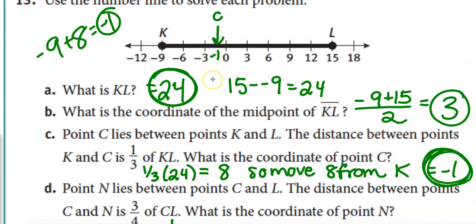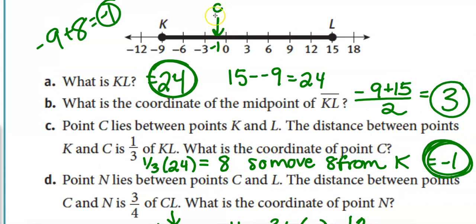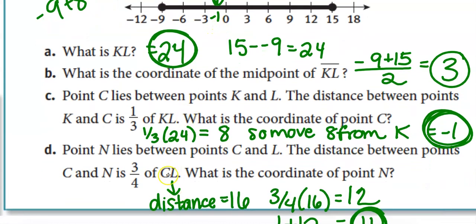Okay? On D it says N is going to lie between points C and L. So now C is important and L is important. So you had to find the distance between C and L. And so a negative 1 to a positive 15 is going to be the distance of 16 units. And so the distance of CL is 16. So now I need to take 3/4 of 16.